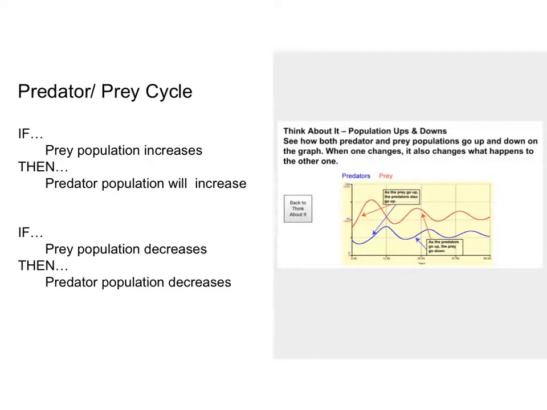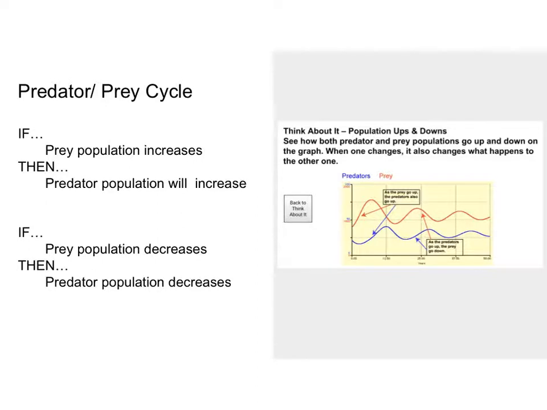Our second main skill that we want to be able to do, and it's a little more advanced, is we want to be able to understand this cycle of population when we talk about predator and prey. And when we say population, I mean the number or amount of animals that make up that population.